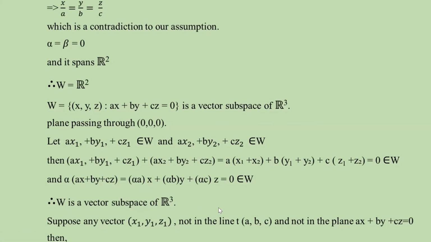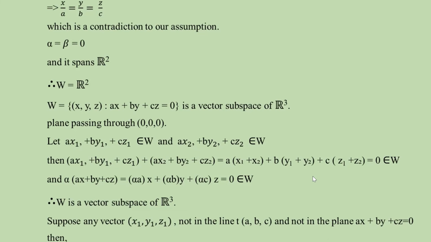Suppose we take any vector (x1, y1, z1) which is not on the line t times (a, b, c), and not on the plane ax plus by plus cz equal to 0, which is the plane passing through origin. At the same time, it's not on the line passing through origin.